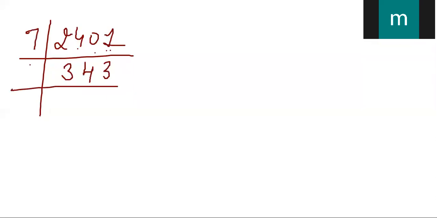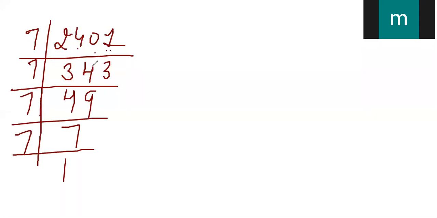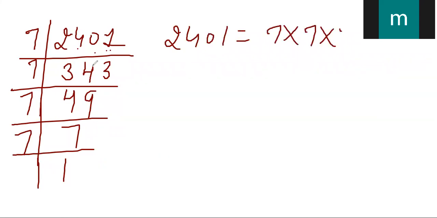Again it will go on 7. 7 fours are 28 and 6 left. 7 nines are 63. Again it will go on 7 and then 7. So we can write down 2401 as 7 into 7 into 7 into 7, right?